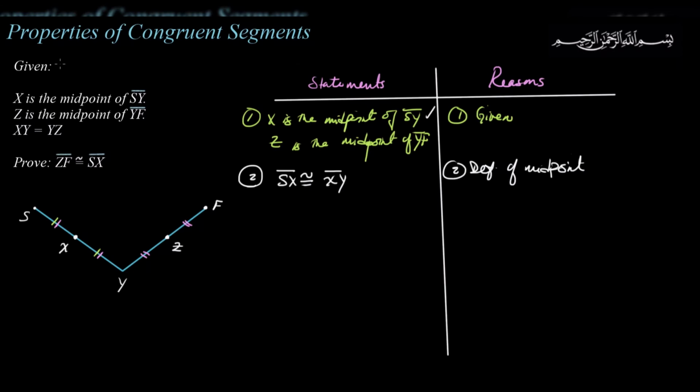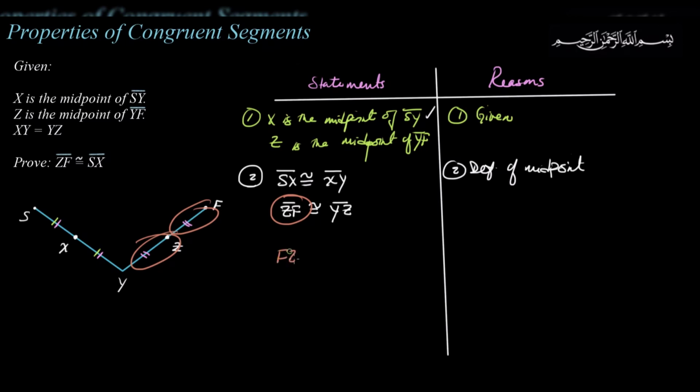Nevertheless, SX is congruent to XY, and then I can use Z being the midpoint of YF, the second statement here, to write that ZF is congruent to YZ, like this. Now, notice that I wrote ZF right here, is congruent to YZ. There's one thing I didn't do.